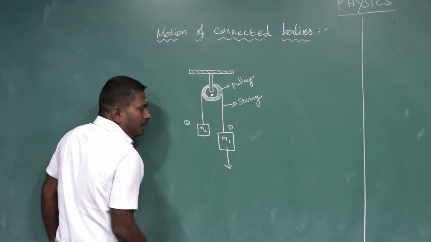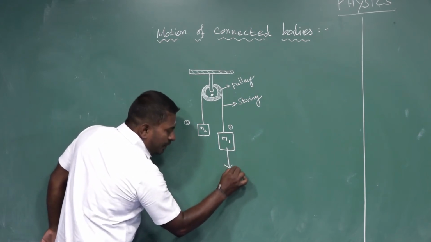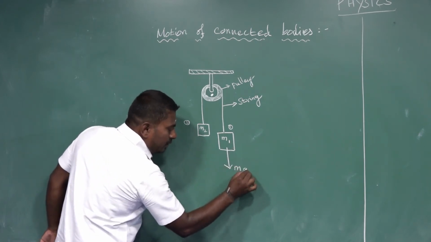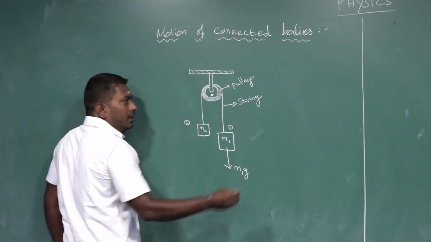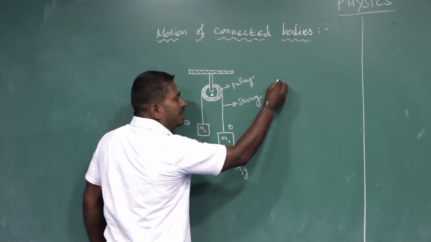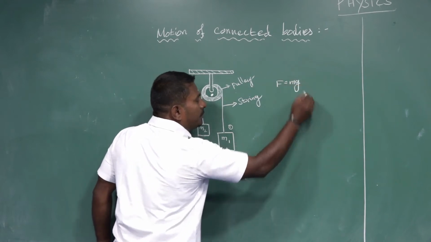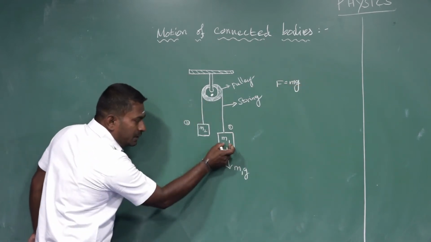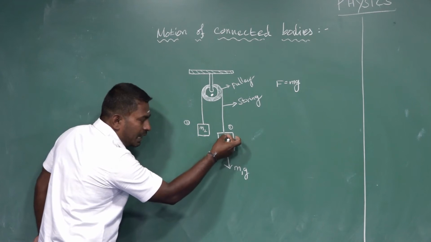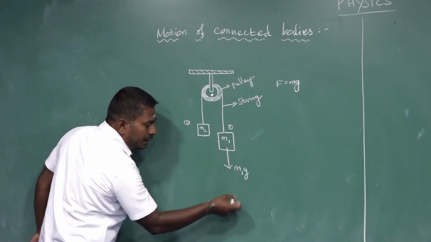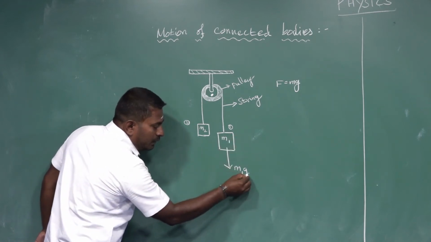Generally, the gravitational force experienced by any object is F equals M into G. That's why the block of mass M1 experiences gravitational force M1G vertically downward.